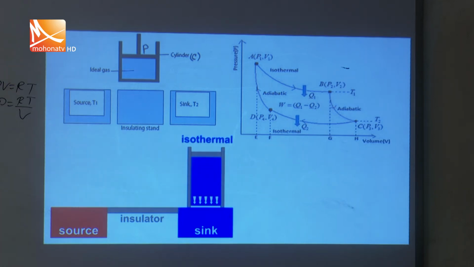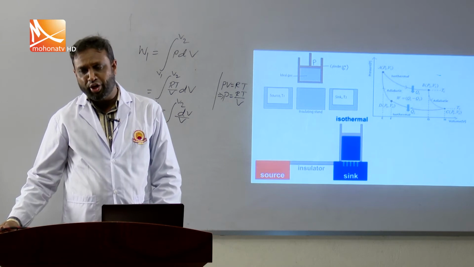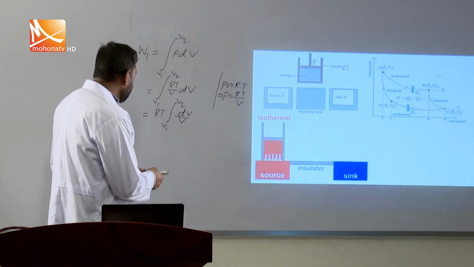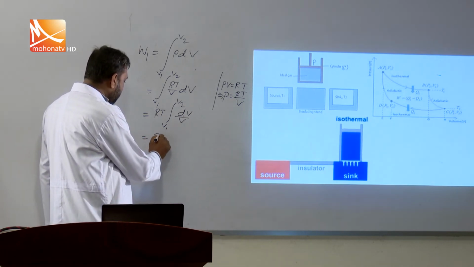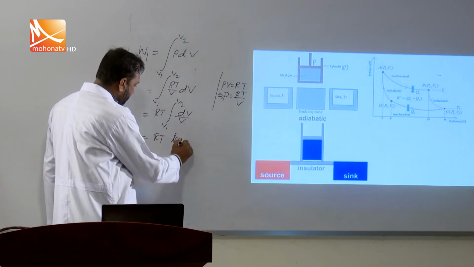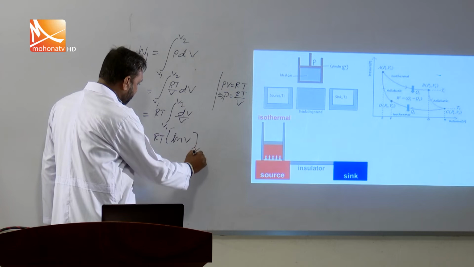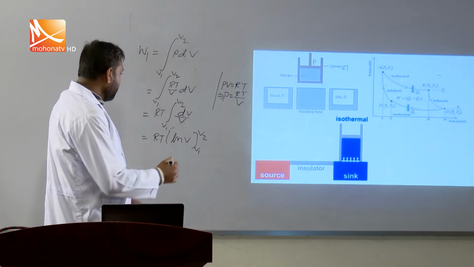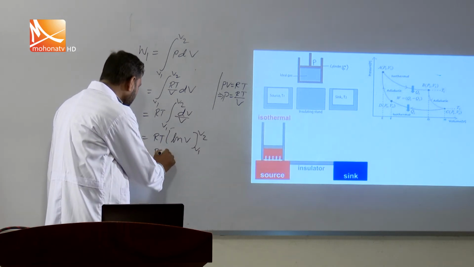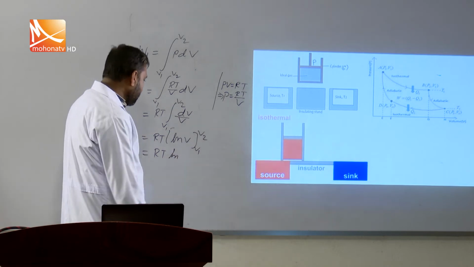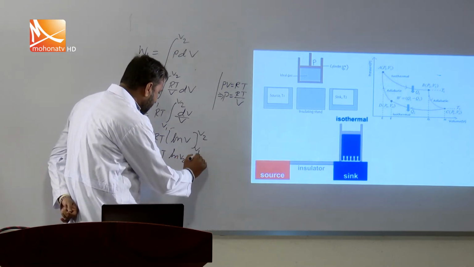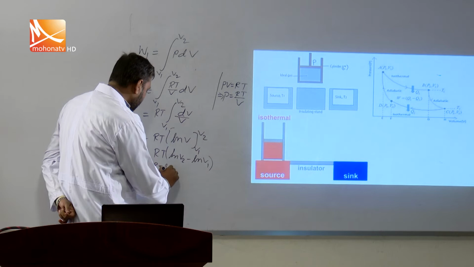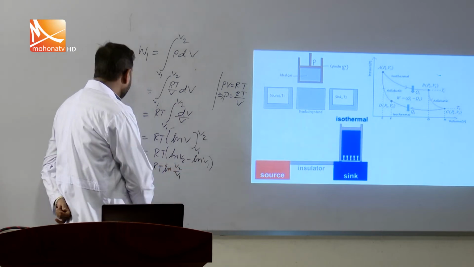And the integration of dx by x equals ln of x. So according to this rule, we can write the integration of dV by V equals ln V, so RT ln V, evaluated between V1 and V2, equals RT times ln V2 minus ln V1, equals RT ln V2 divided by V1.